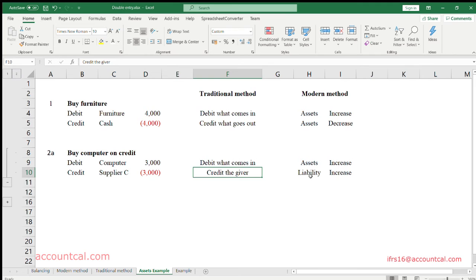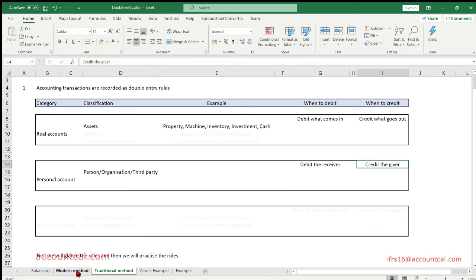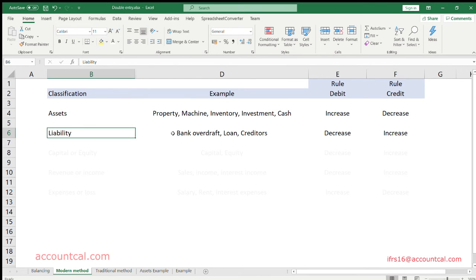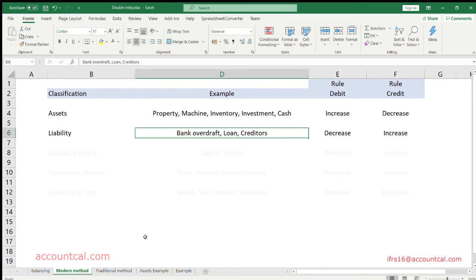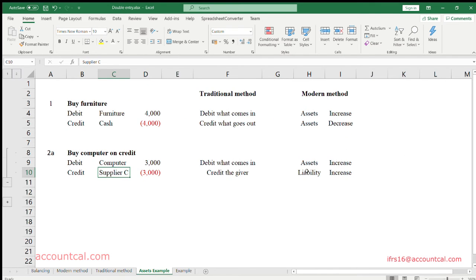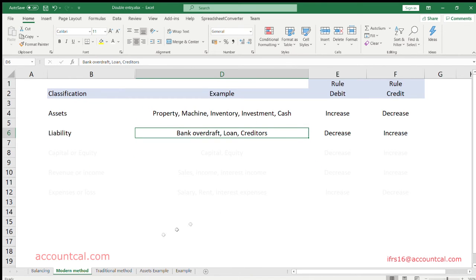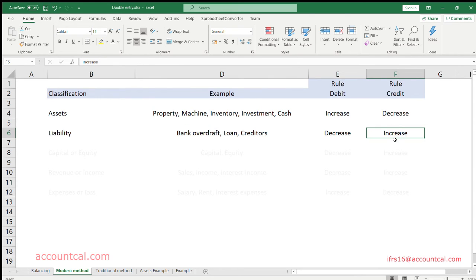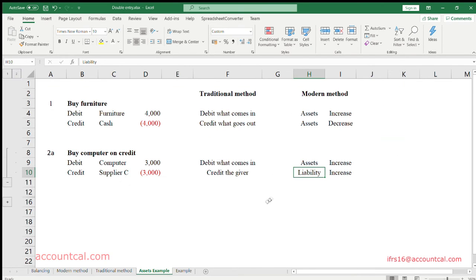Let's go to the modern approach. We know if somebody gives us something, he becomes our creditor. And creditor is a liability. That is something you have to understand: creditors, bank overdraft, and loans are liabilities. And the liability has increased. So the modern approach says when the liability increases, you credit the liability. It is just the opposite of the asset.